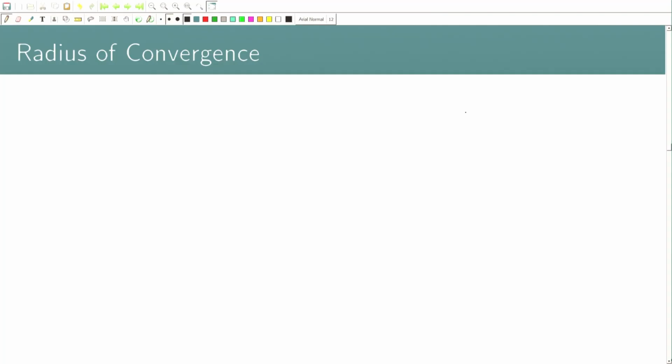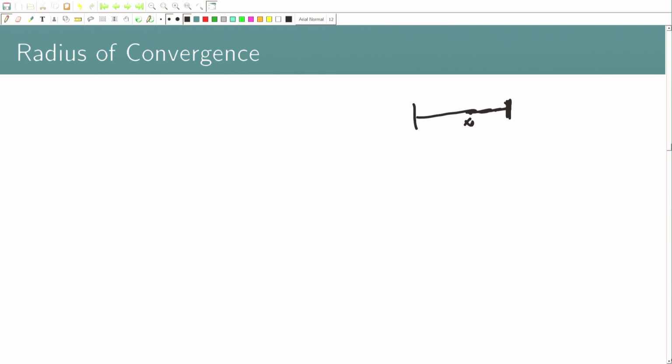We will check all such x naught for which the power series converges, and then we will stretch it. That means we will take the supremum of all the x naught for which the power series converges. Suppose it converges here at x naught, then I will go further, up to the point where there is a break, from which the power series diverges, but the rest converges.